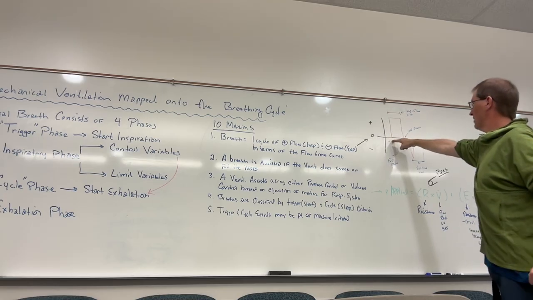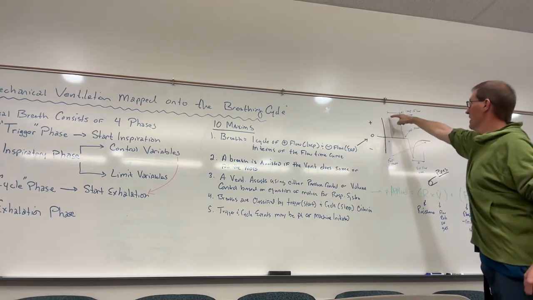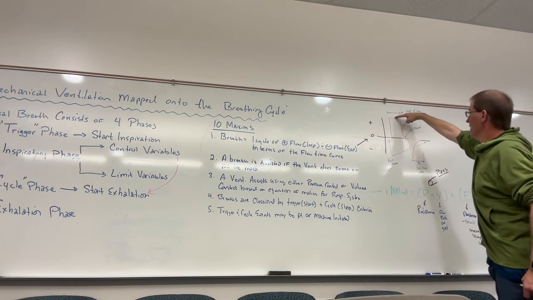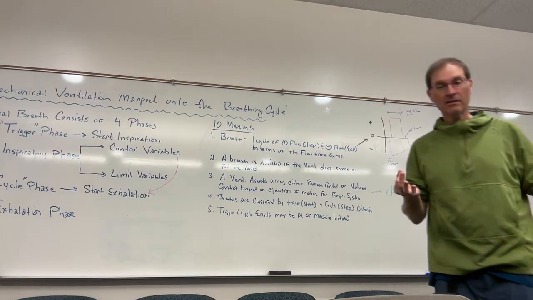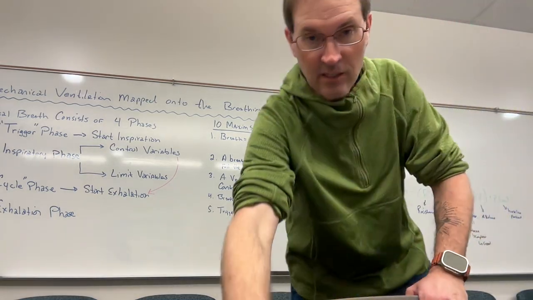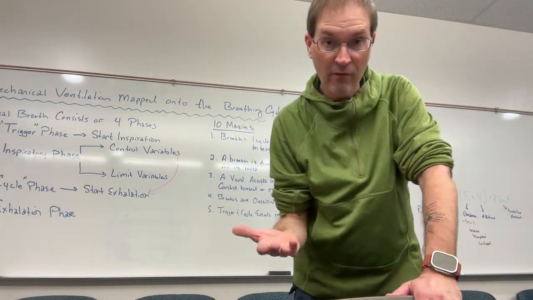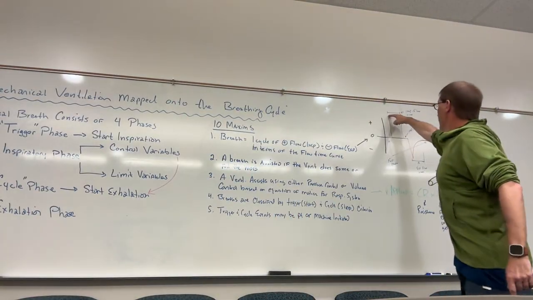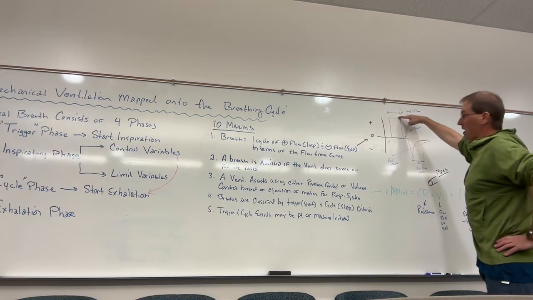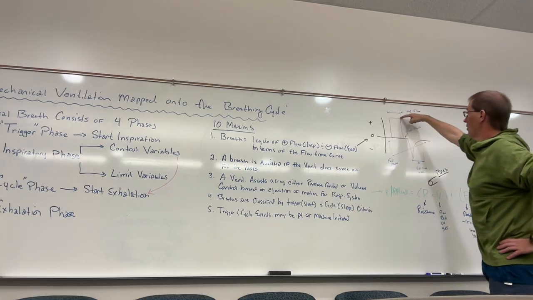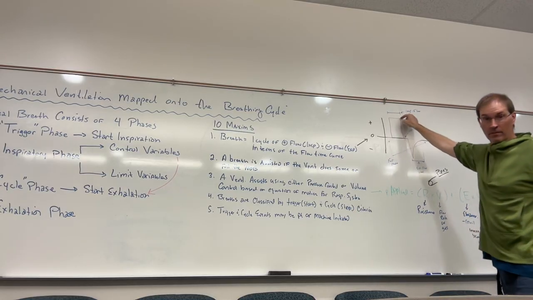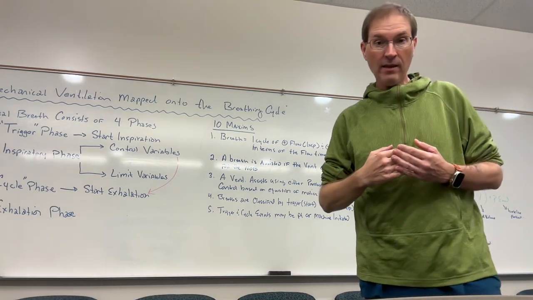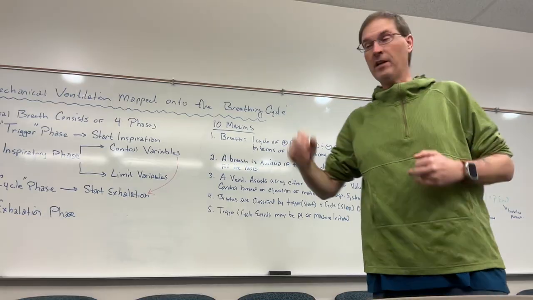So you have a rapid increase of positive flow into the respiratory system. And if that flow is constant, if the ventilator is set to deliver a constant flow of maybe 60 liters per minute, then you'll have a straight line up here, and this is what we call a square waveform. Sometimes flow can change. The flow can decrease throughout the inspiratory cycle.